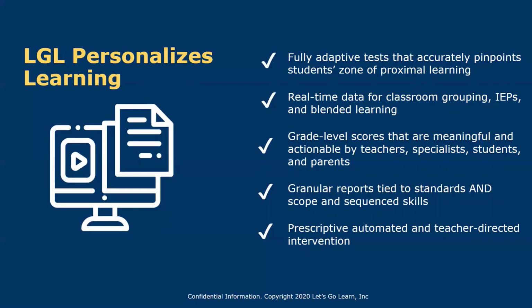And so our data is given in grade level scores. It's actionable. It allows you to actually use the data and gives you a scope and sequence of what to do with that data and what you need to teach the student what they need to learn. And of course, we also have our personalized automated instruction, giving you the data you need to create your own interventions.